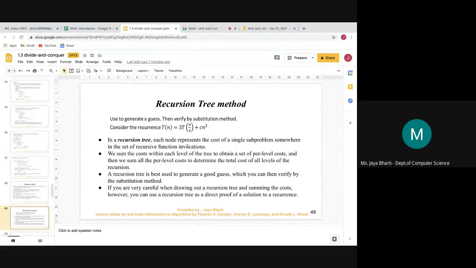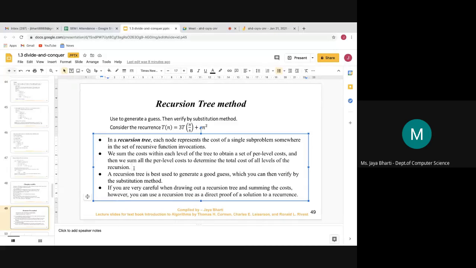In a recursion tree, each node represents the cost of a single sub problem somewhere in the set of recursive function invocations, and then we sum the costs within each level of the tree to obtain the set of per level costs. For every level we compute the cost, and then we sum all per level costs to determine the total cost of all the levels of the recursion.